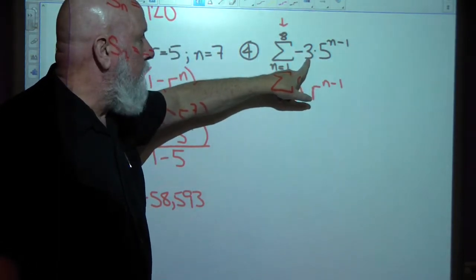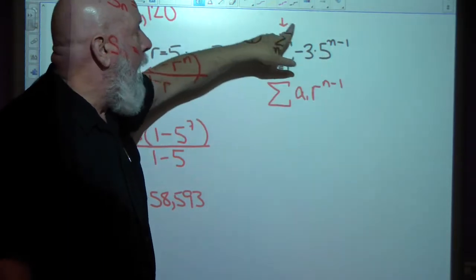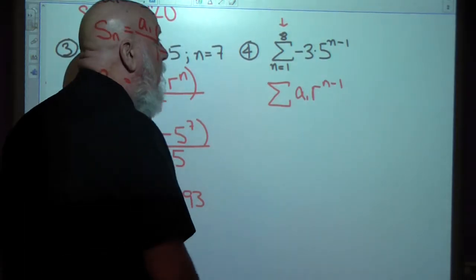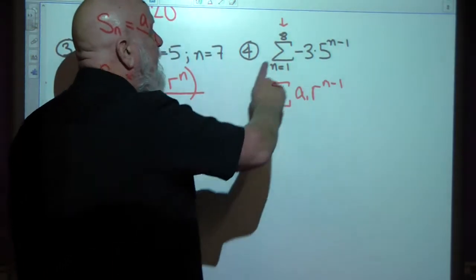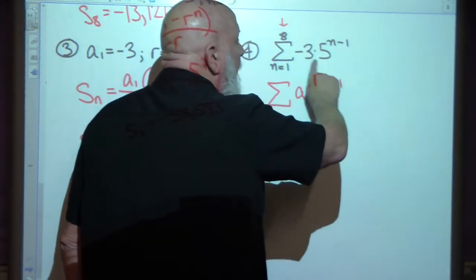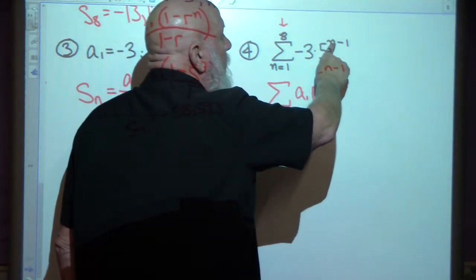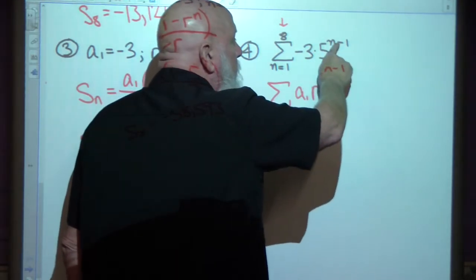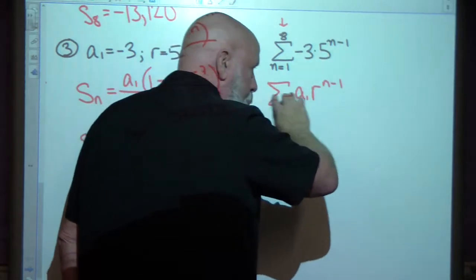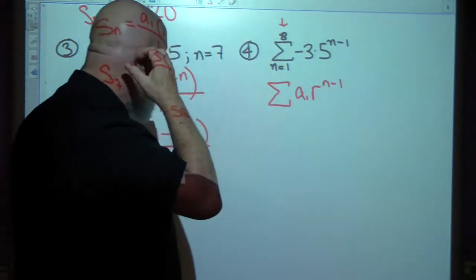So here's my first term, common ratio, and the number of terms. And I hope you remember that this sigma notation means we're going to add up this thing after it's been evaluated as n equals 1. That'll give us a number, then n equals 2. That'll give us a number, n equals 3. All the way up to 8, we'll have 8 numbers and add them together.